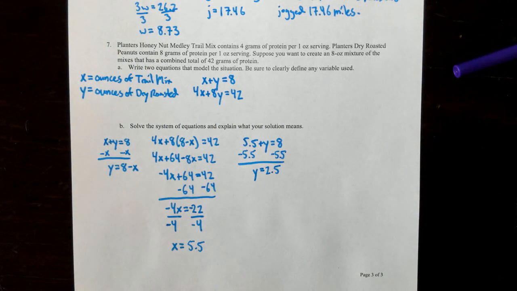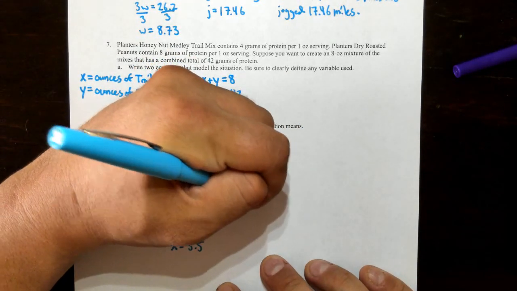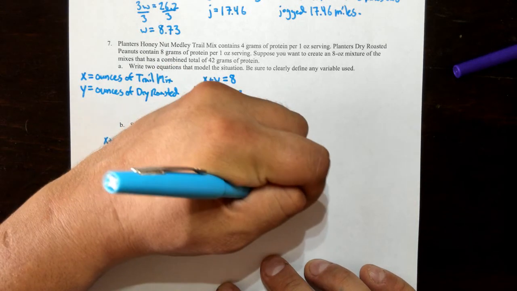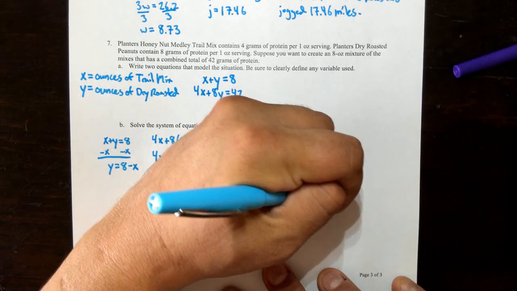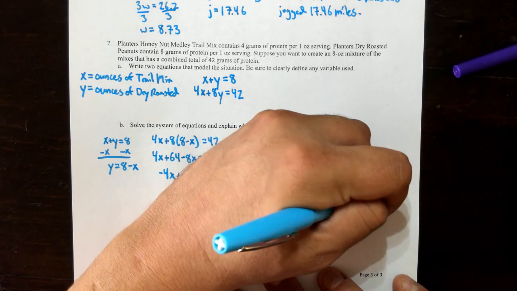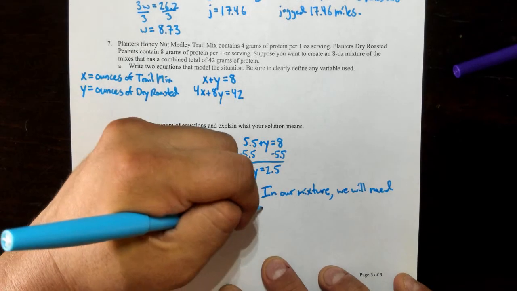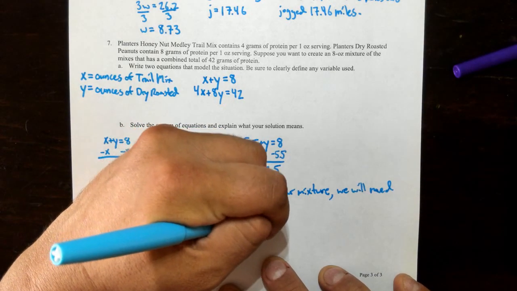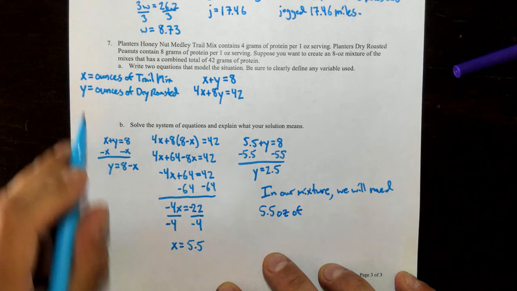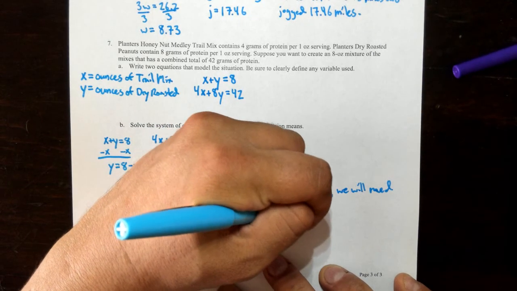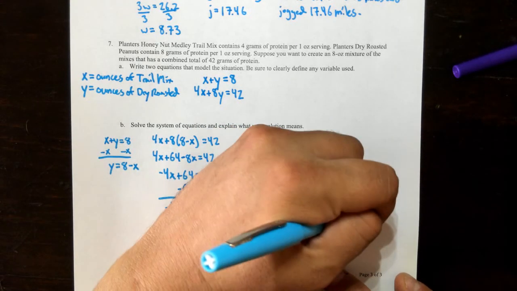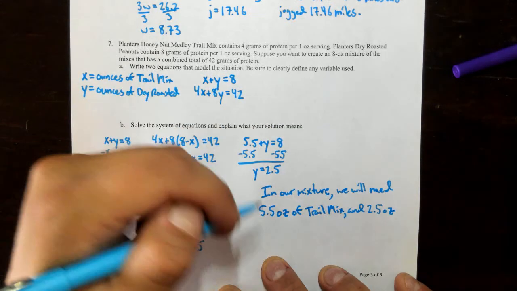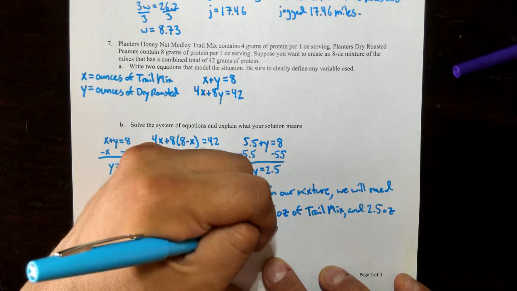So explain what the solution means. Well, in our mixture, we will need 5.5 ounces of, X was the trail mix, and 2.5 ounces of the dry roasted.